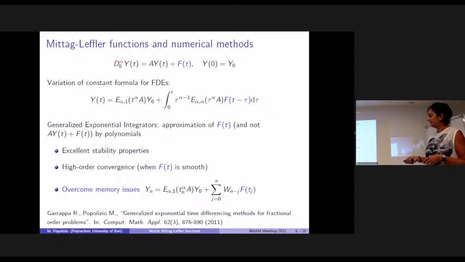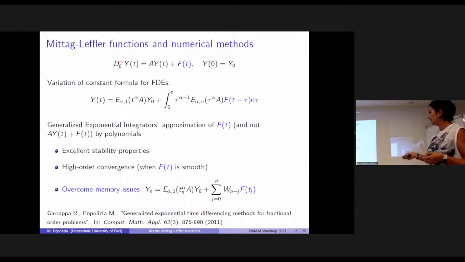and in some sense we overcome memory issues because, as said many times in this workshop, the presence here of this integral tells us that the memory is important, and so we need to take into account all the memory, all the past, or what happened between 0 and t.